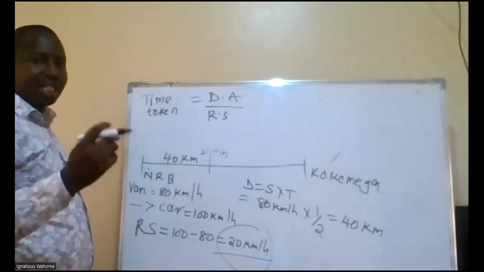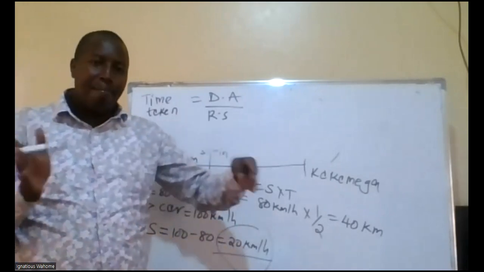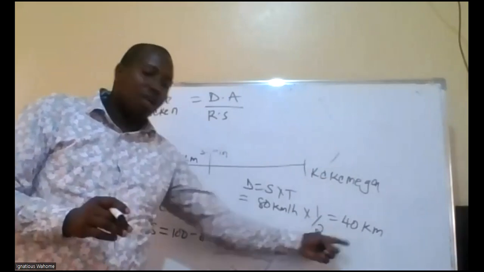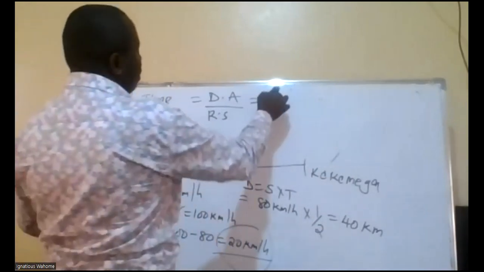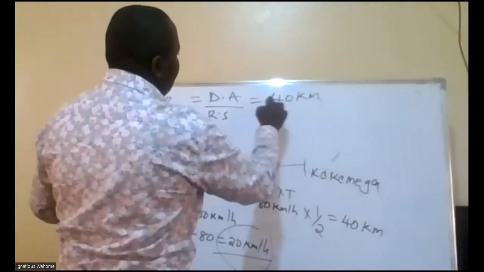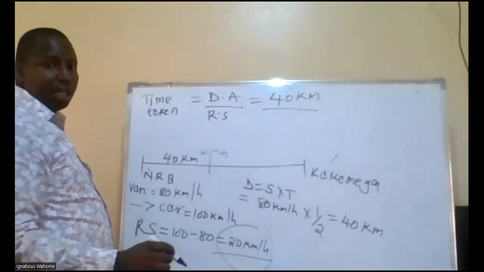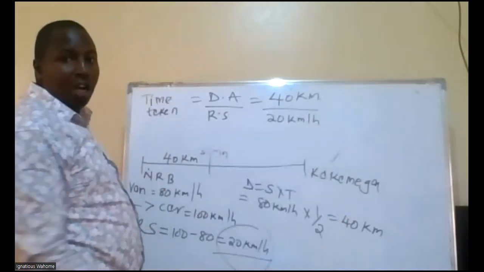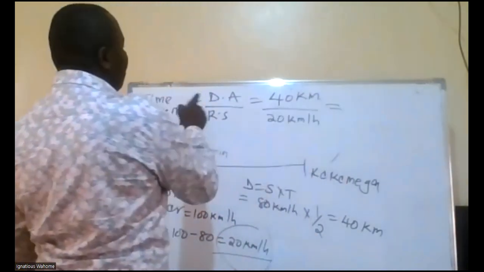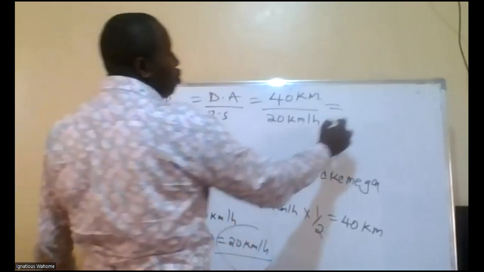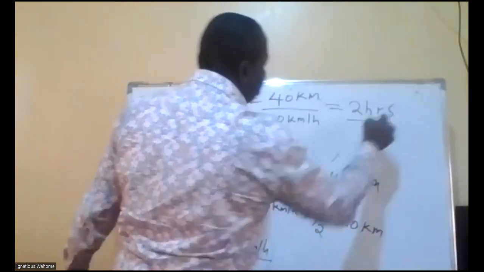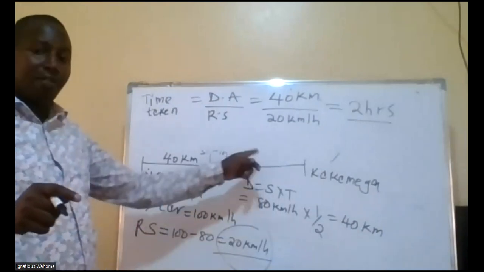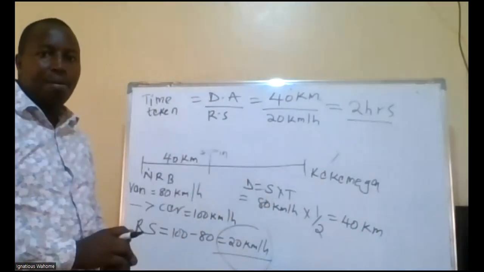In this case, the distance apart is the distance covered by the van for 30 minutes, which is 40 kilometers, divided by the relative speed of the two vehicles, 20 kilometers per hour. So therefore, the car took 2 hours to overtake the van or to catch up with the van.